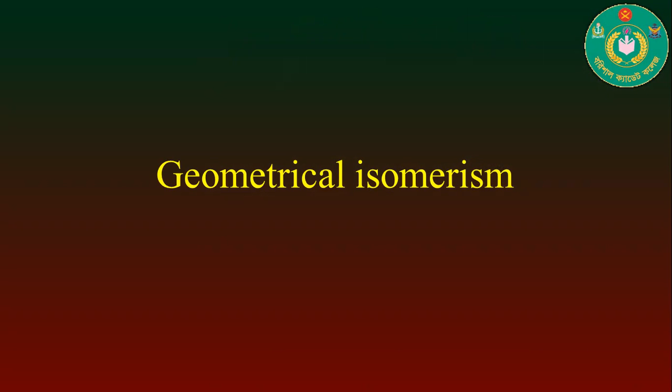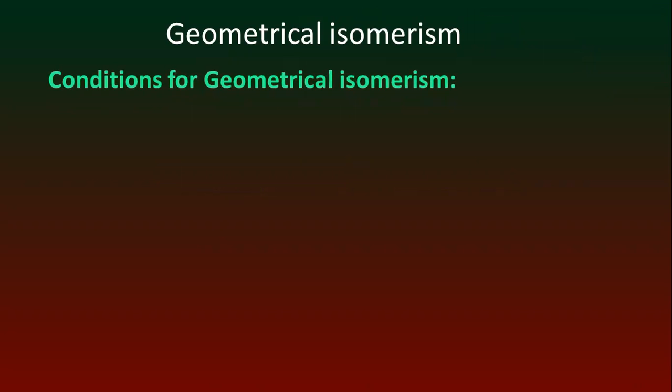Geometrical isomerism: the definition is that the isomers differ in their spatial arrangement from each other. First of all, you have to know the conditions for geometrical isomerism.